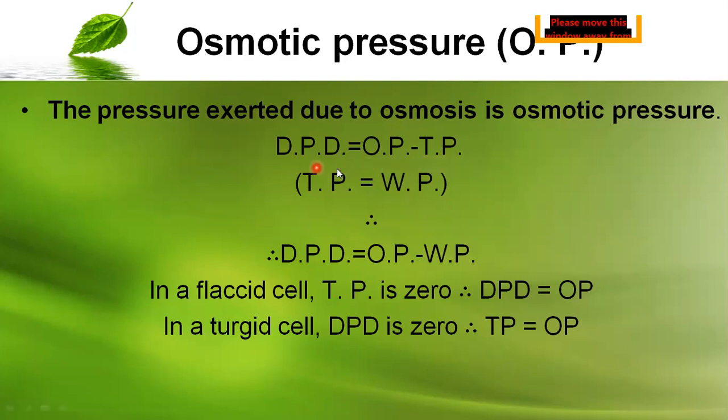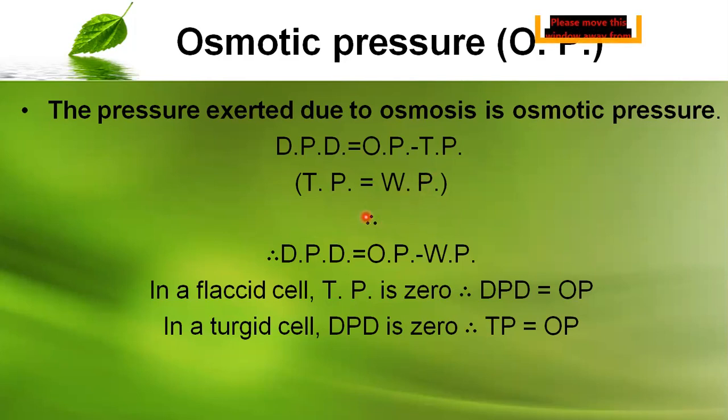And therefore diffusion pressure deficit is equal to osmotic pressure minus TP, meaning the turgor pressure. Okay, and TP is nothing but the wall pressure. After turgidity of the cell, the pressure that forms is known as turgor pressure, and it forms on the cell wall. So it is known as the wall pressure.